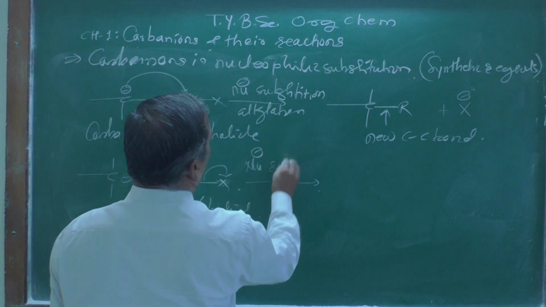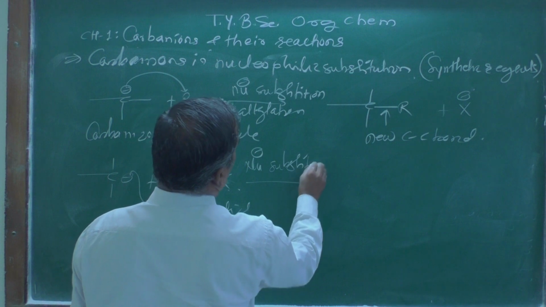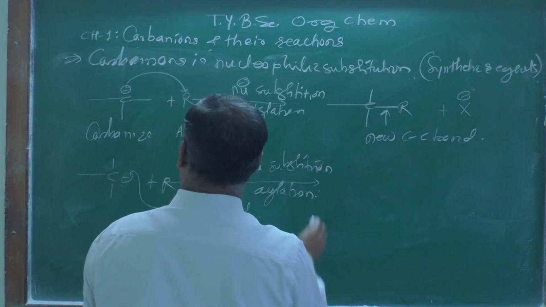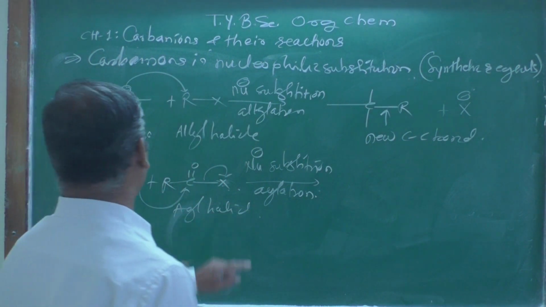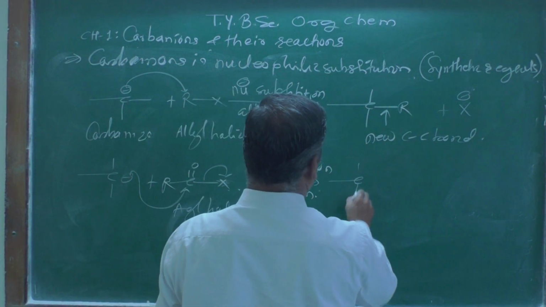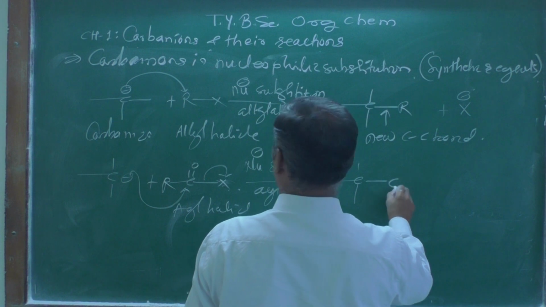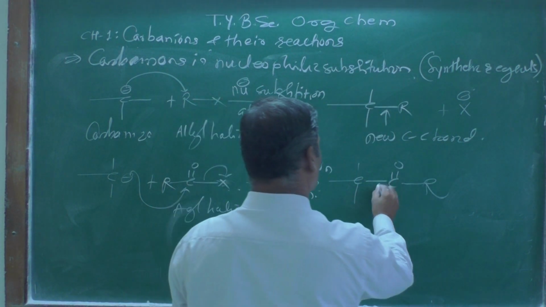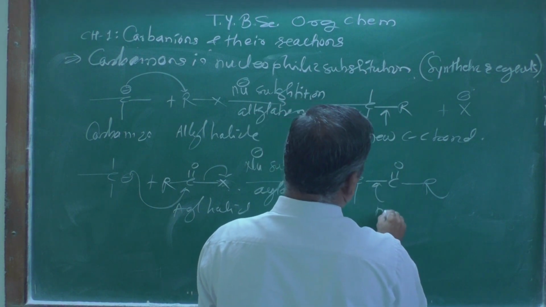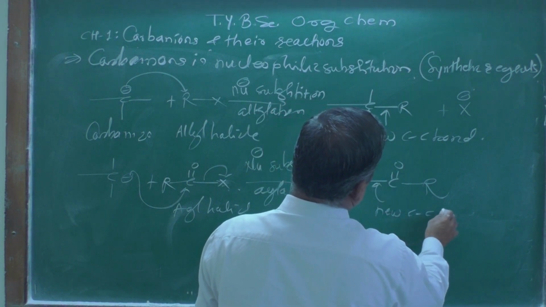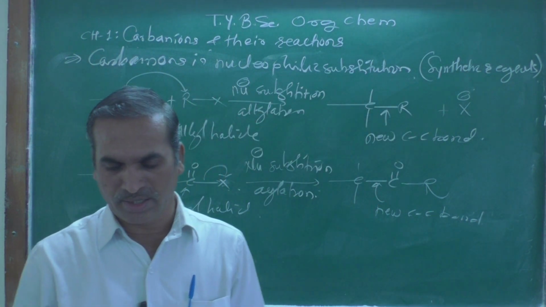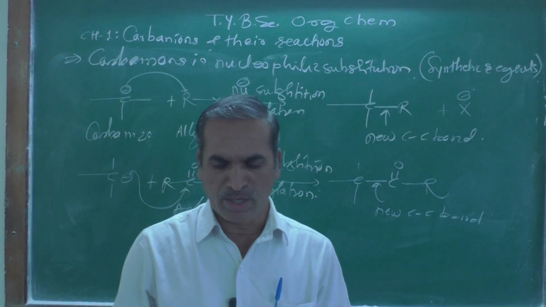In it you are going to get R then C double bond O, that acyl group, which you can introduce over there, and this is nothing but a new carbon-carbon bond formed, and that's why it is synthetically very, very important.